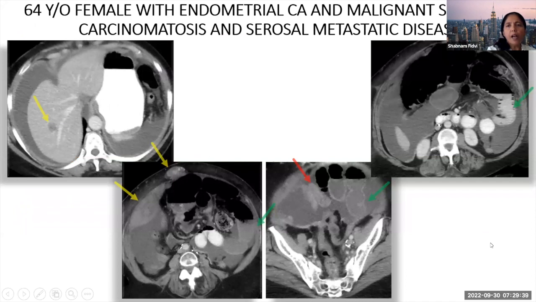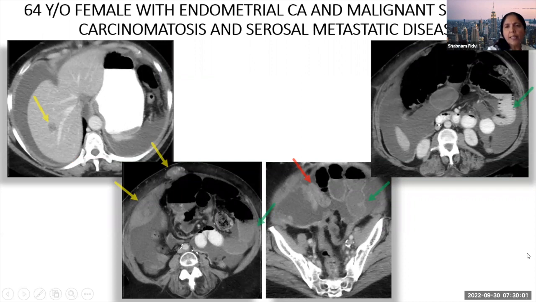This is an example of a patient with endometrial cancer. The axial CT images show hepatic metastatic disease, outlined by the yellow arrows. On the lower image, the yellow arrows show carcinomatosis, both within the right abdomen and within the anterior abdominal wall.